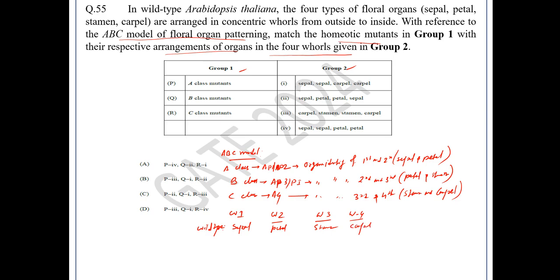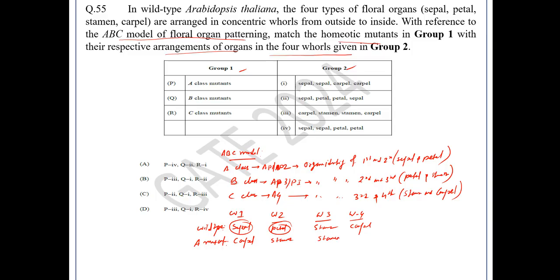Now the mutation of these homeotic class genes, that is the A mutant, will result in the formation of carpel in place of sepal. So in whorl 1 there is a formation of carpel instead of sepal, and a formation of stamen in place of petal, and whorl 3 and whorl 4 will be as usual.